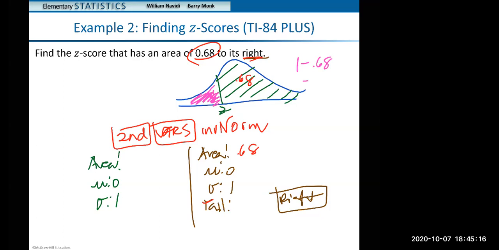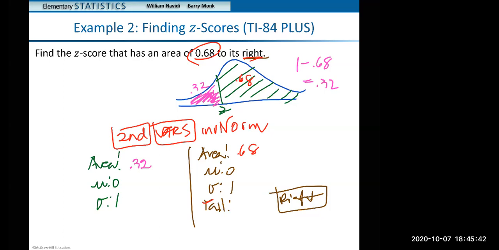And yes, very good, Luis, that is equal to 0.32. So you need to enter here 0.32. So try that and tell me your answer.